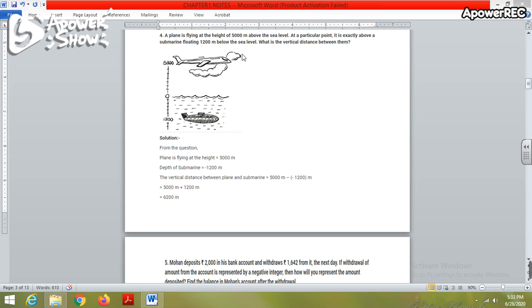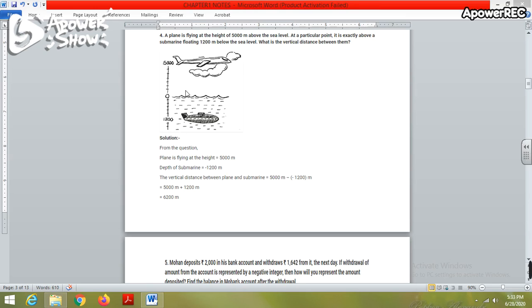So here is a diagram representing the whole situation. This is the sea level, which is marked by this point 0. Now the position of the plane is 5,000 meters above this sea level, and the depth of the submarine is 1200 meters below the sea level.